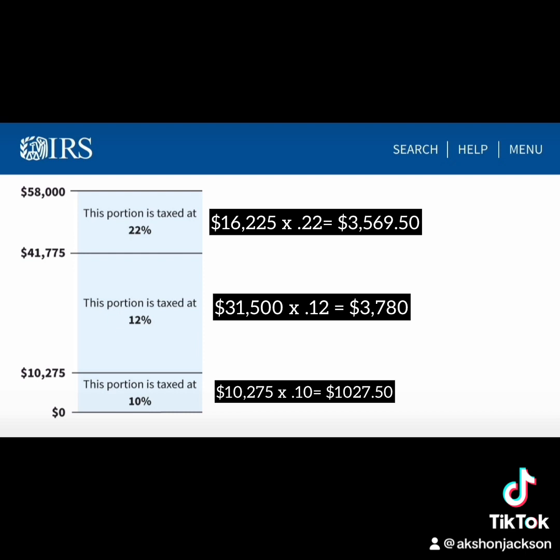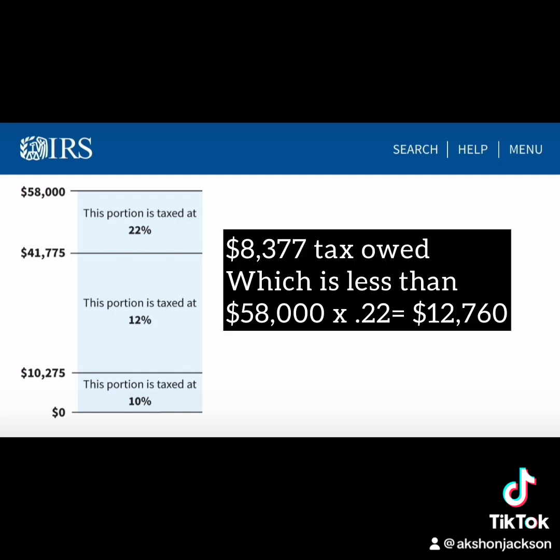Now, when you add all these together, you're going to get the total amount of tax the person owes for that calendar year. Now, if we calculated the taxes based on the common misconception, that the tax bracket of the income you make is how all of your money is taxed, you would owe 22% on $58,000, $12,760. But in reality, because of the multi-tiered tax system, you only owe $8,377.